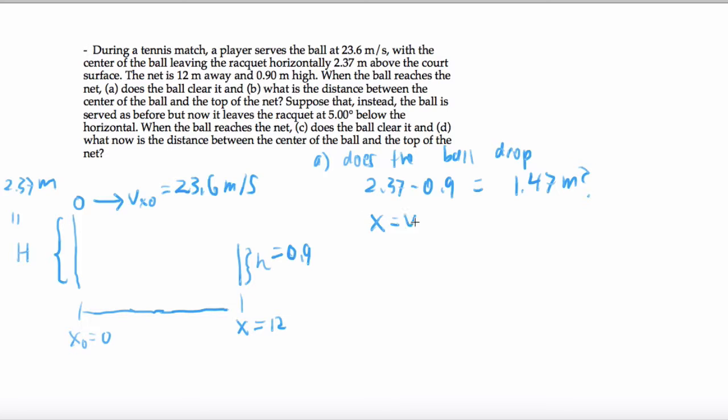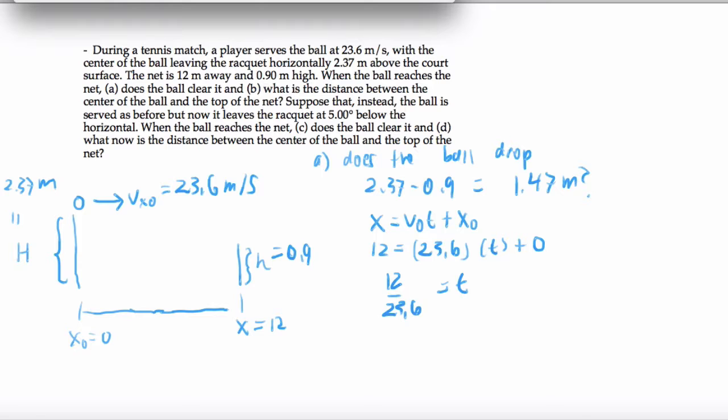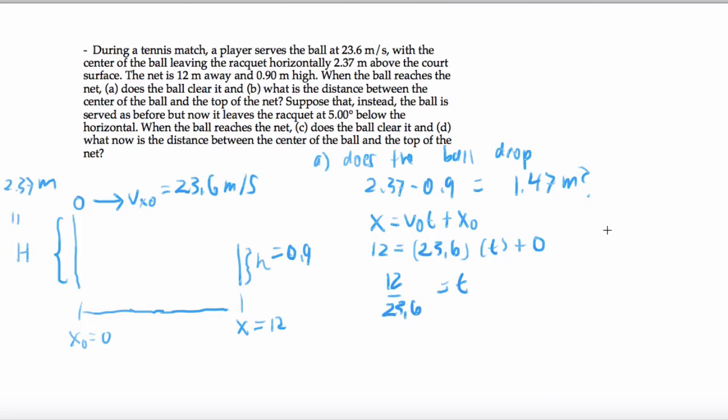So that's x equals v naught t plus x naught. There's no 1/2 at squared term. So we have 23.6 times the time plus 0 equals 12. So 12 over 23.6, that's the time that we're reckoning with. And that's 0.51 seconds.